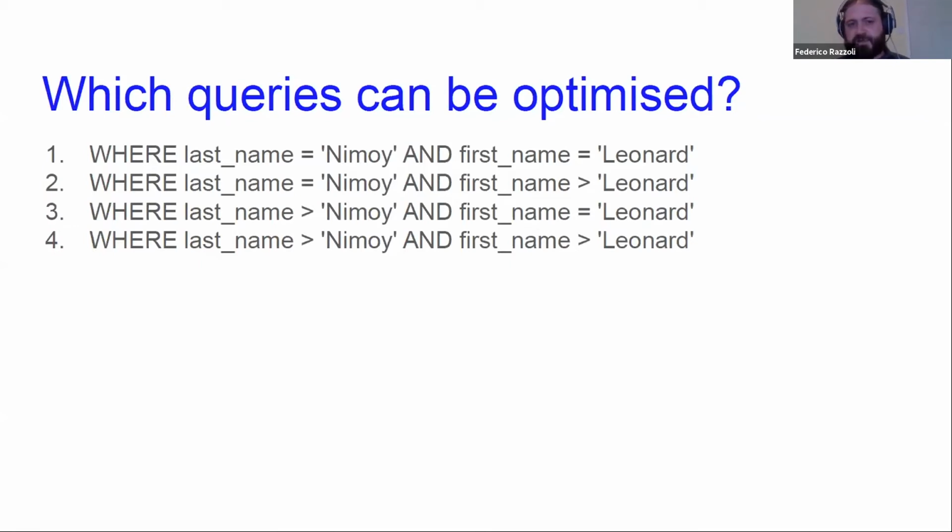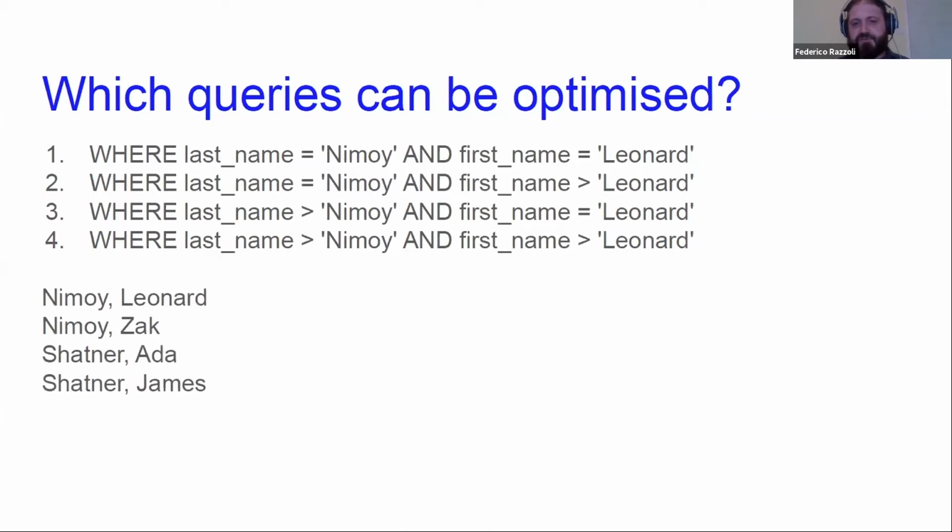Most of the times when I explain this, I get a lot of questions because it is not immediately understandable, right? So I wrote a small example here. Take as an example the last query, okay?